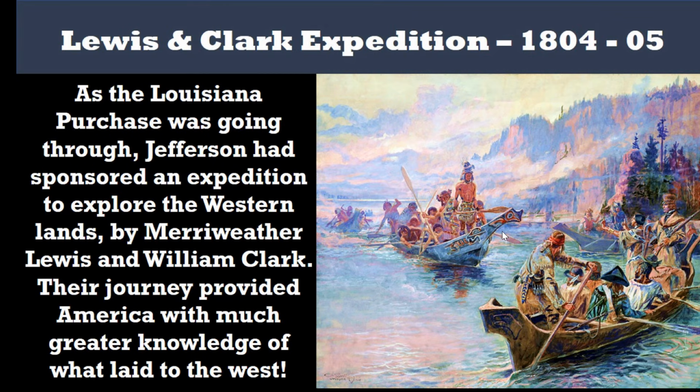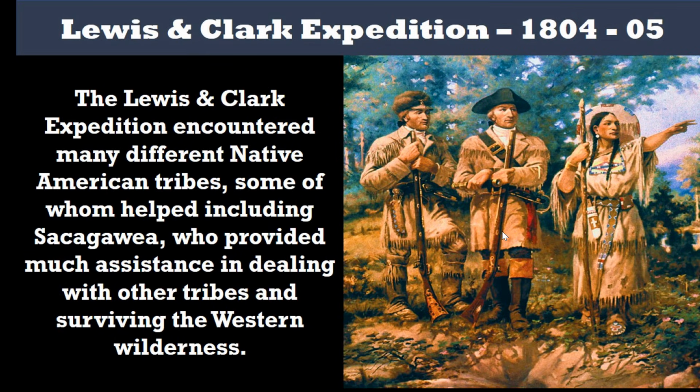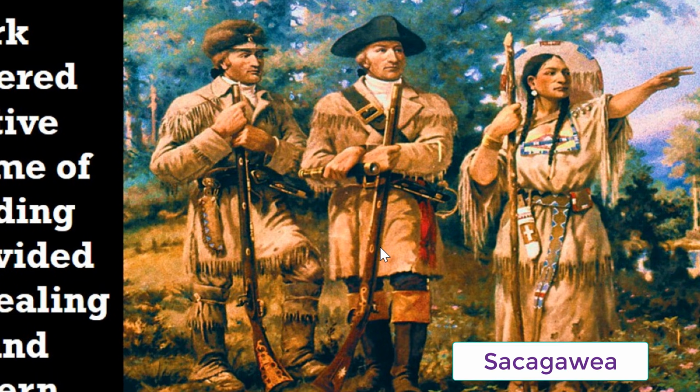As the Louisiana Purchase was going through, Jefferson had sponsored an expedition to explore the western lands by Meriwether Lewis and William Clark. Their journey, known as the Lewis and Clark Expedition, was an exciting moment for early U.S. history. The Lewis and Clark Expedition encountered many different Native American tribes, some of whom helped, including a woman named Sacagawea.